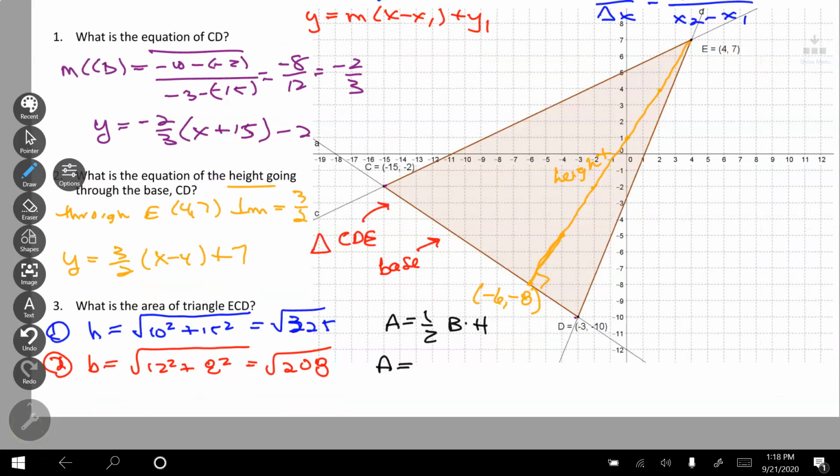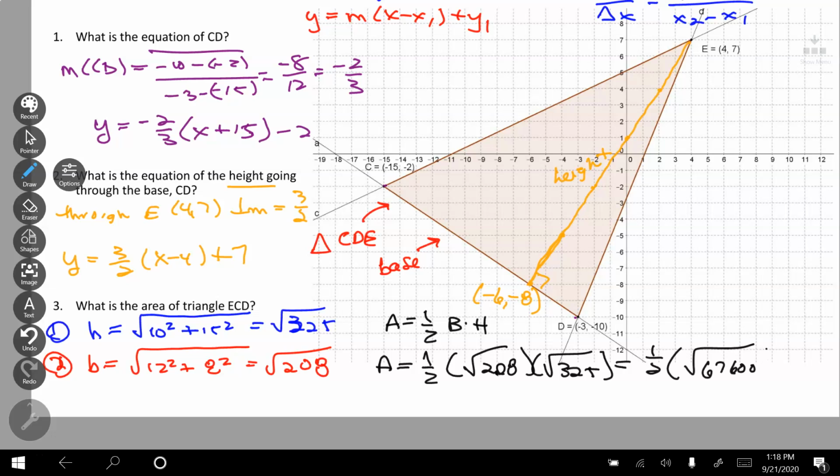So now I get area equals 1/2 base times height, and it's going to be 1/2 times the square root of 208 times the square root of 325, which is 1/2 the square root of 67600, which is just 260. So my area is 130 square units. Okay, thank you for watching this video.